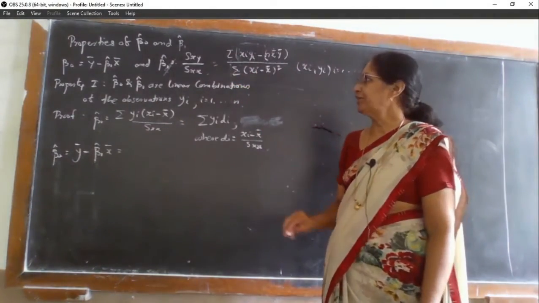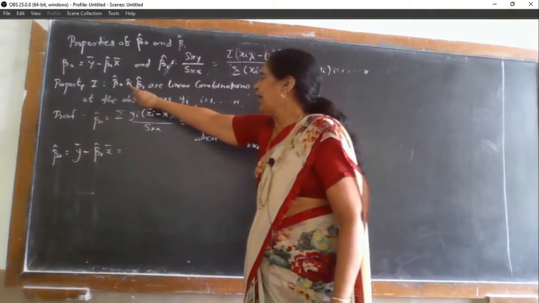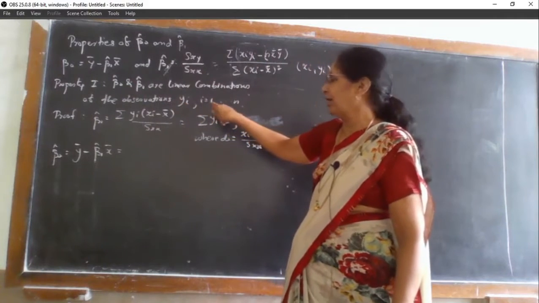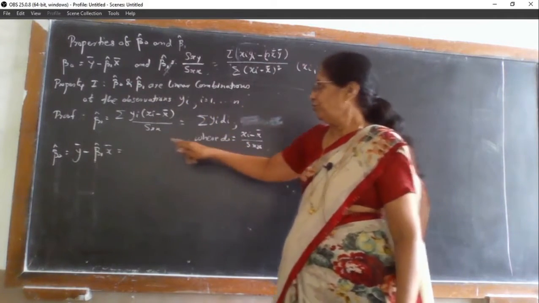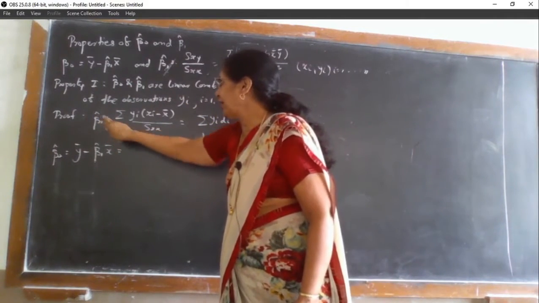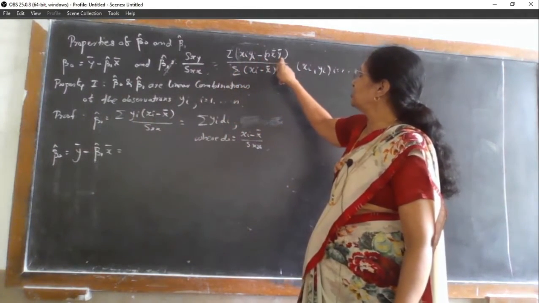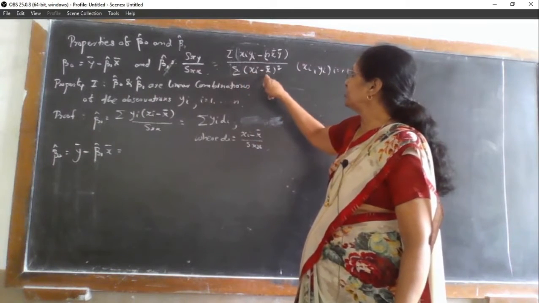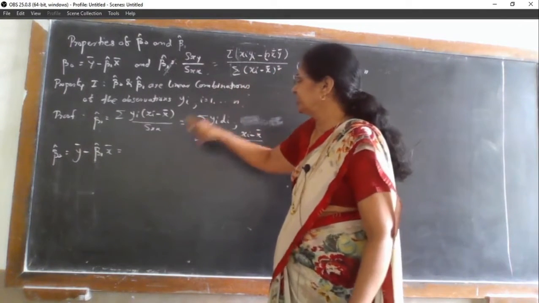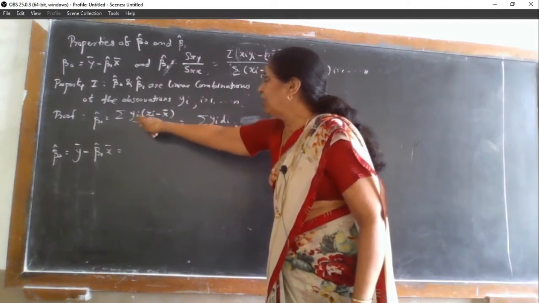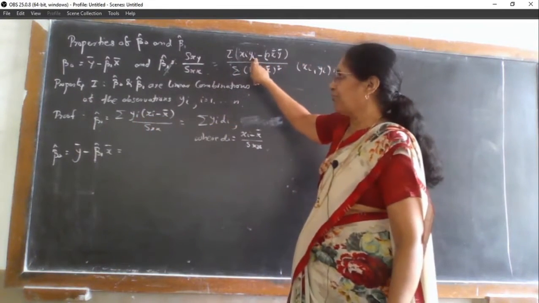Now the first property is that beta naught cap and beta 1 cap are linear combinations of the observations yi, i equal to 1 to n. We have proved it like this: beta 1 cap is equal to summation of xi yi minus n times x bar y bar upon summation of (xi minus x bar) whole square, that is Sxx. Now can you see here, this is yi into xi, summation of xi yi.